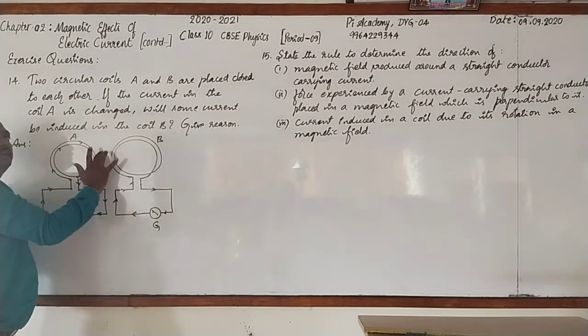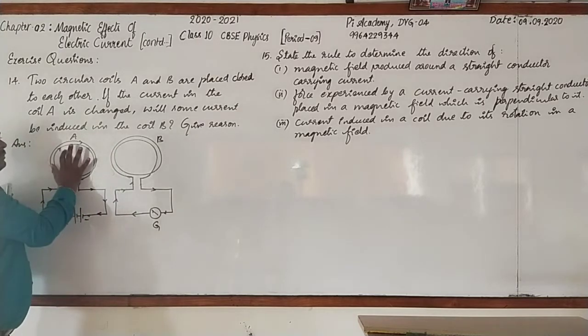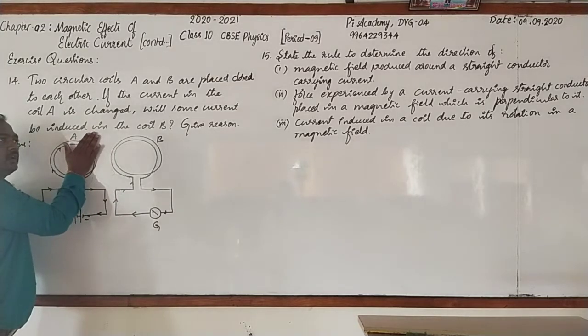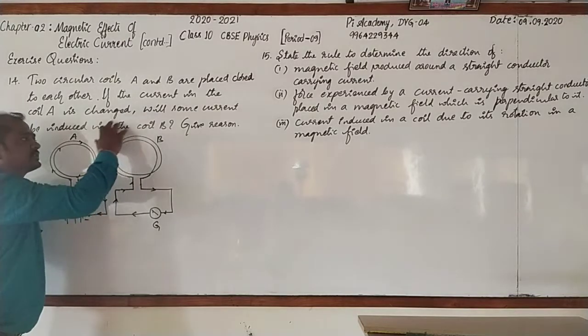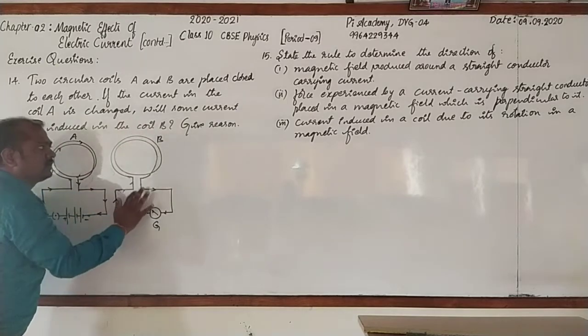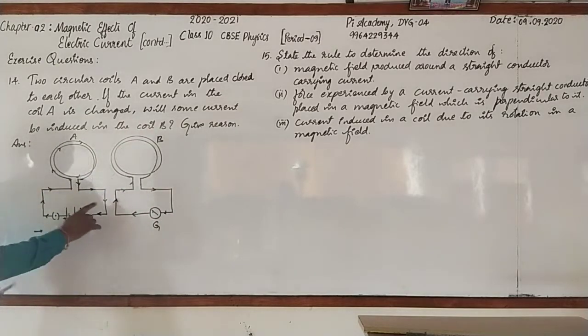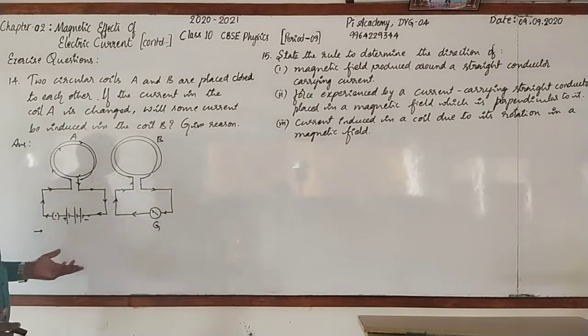B is in the magnetic field of A. When the current is changed, the magnetic field linking with the coil A also gets changed. As it surrounds B, this also gets changed. Hence, current is induced in coil B. Hope that you have understood. Now, I'll go for writing the answer later.